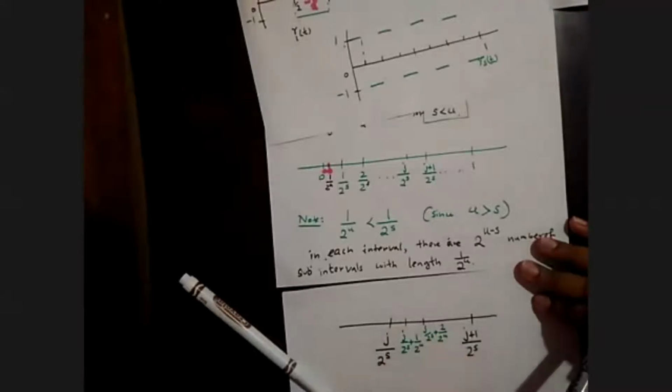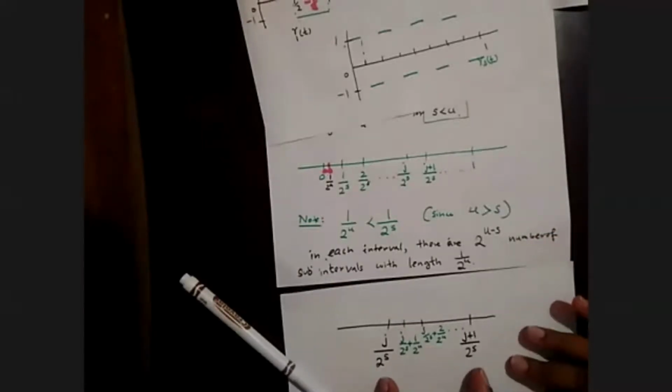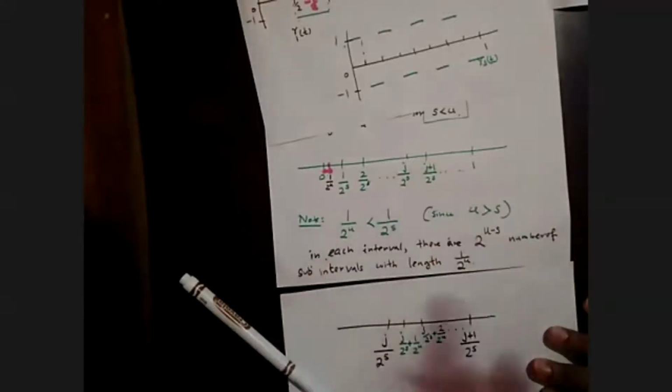The next one will be j over 2 to the s plus 2 over 2 to the u. Like that we will continue. And keep in mind that in between j and j plus 1, the function r sub s will be either positive 1 or negative 1. It will remain at a constant value.